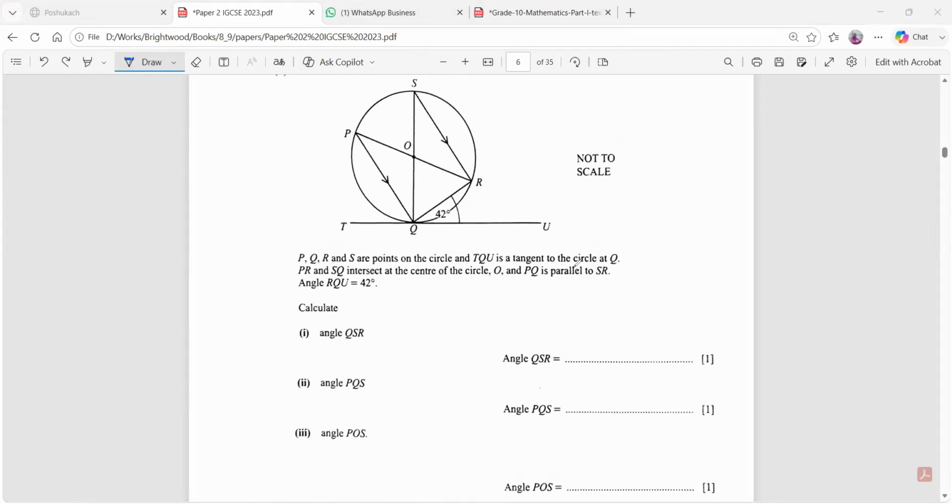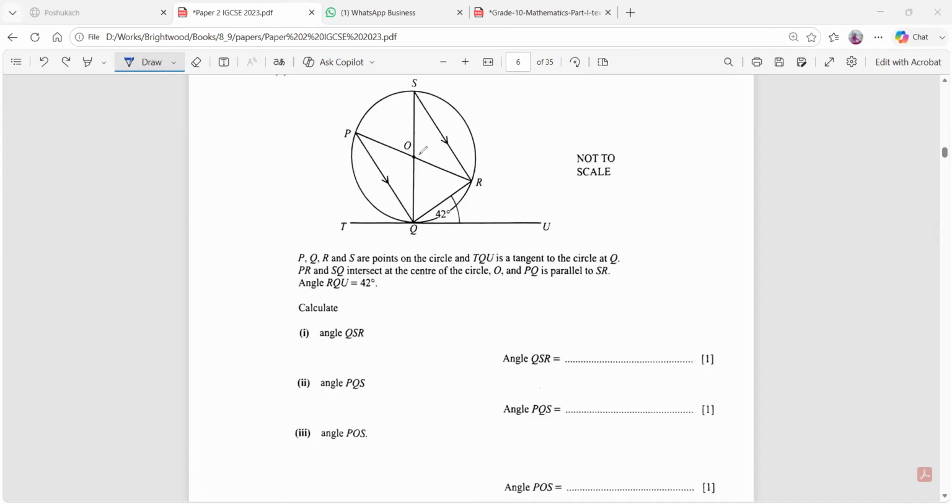Tangent to the circle, and PR and SQ intersect at the center of the circle. Yes, PR and SQ intersect on the center.